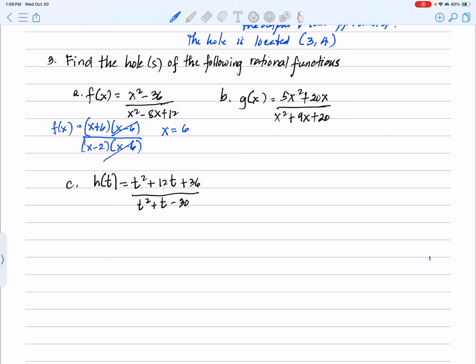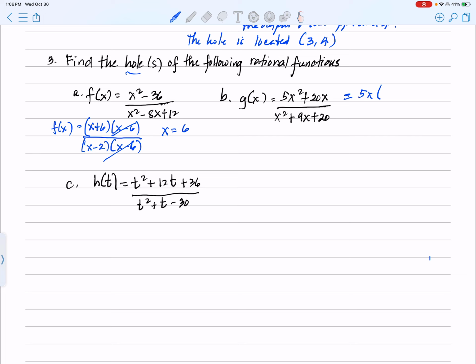You're just asked to find the hole. No more, no less. So in this case right here, g of x is 5x squared plus 20x over x squared plus 9x plus 20. So we have to factor out what's common. Common is 5x, right?